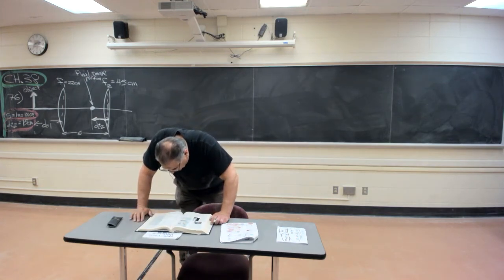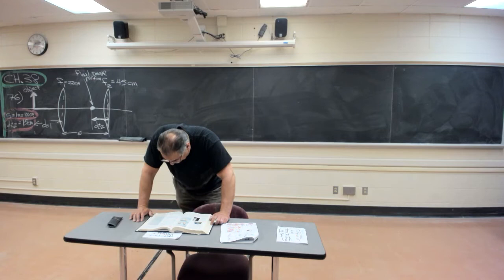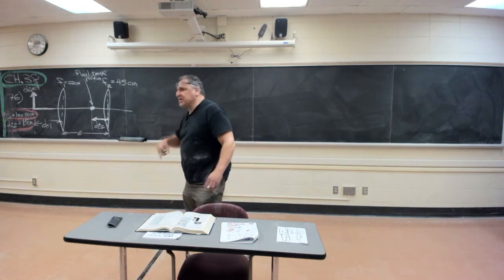What is the value of DO1? What's actually the object distance to the first lens? That's DO1, that's part A. That will result in the image position that they're telling us. The image position is 15 centimeters from the second lens, but it's on the wrong side of that lens.